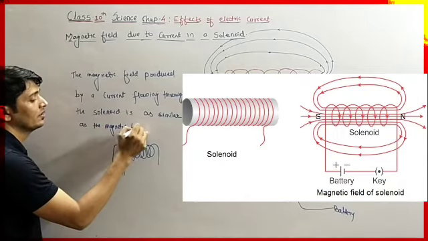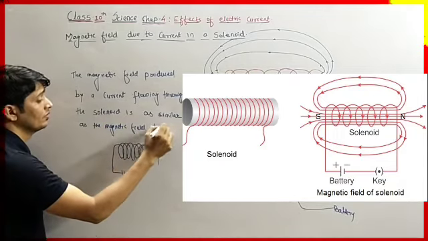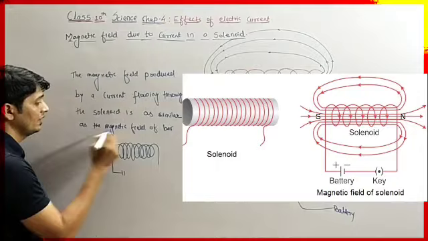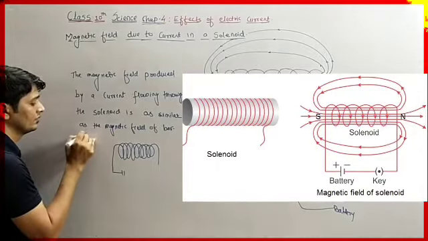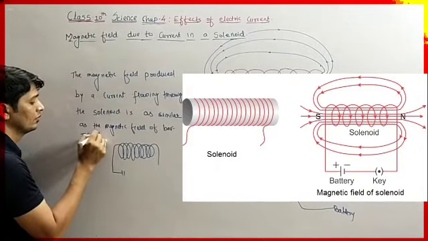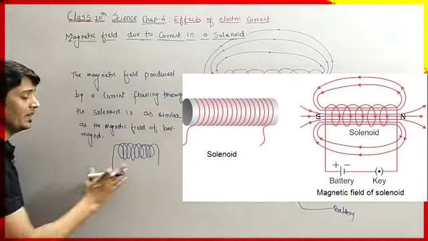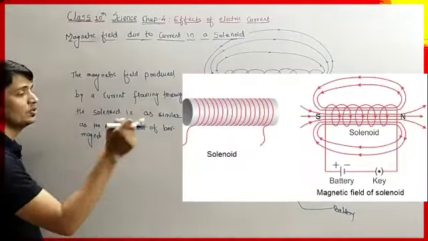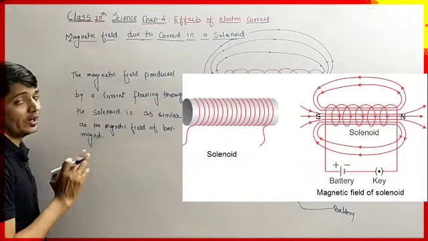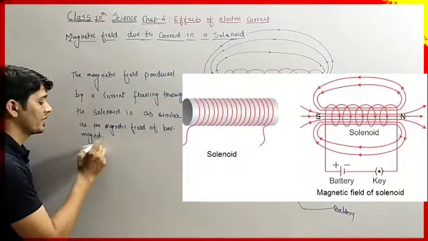That means the magnetic field produced in a solenoid acts like a permanent bar magnet.